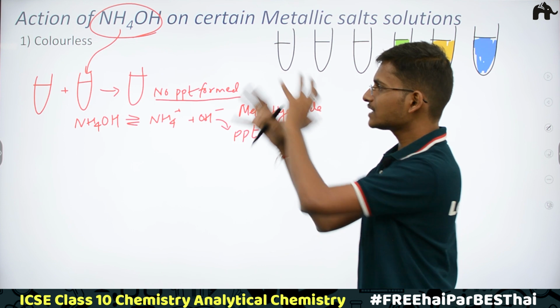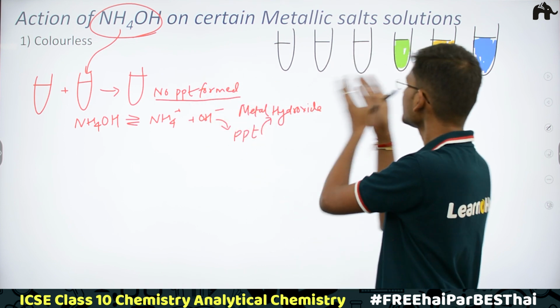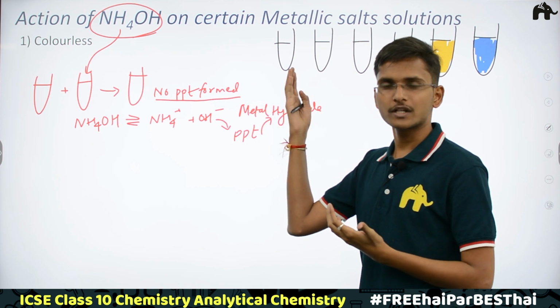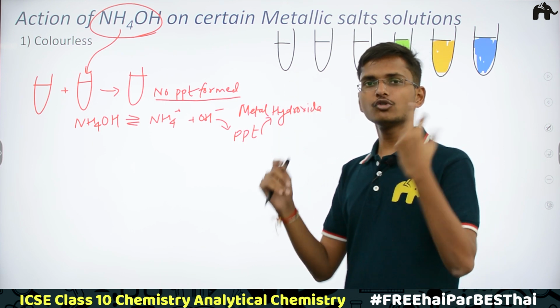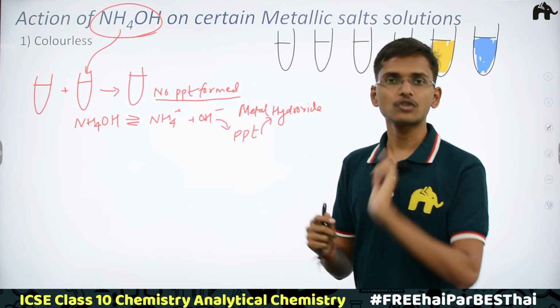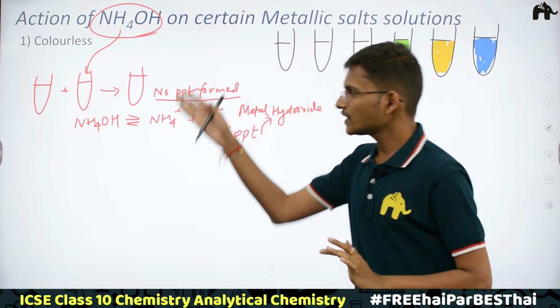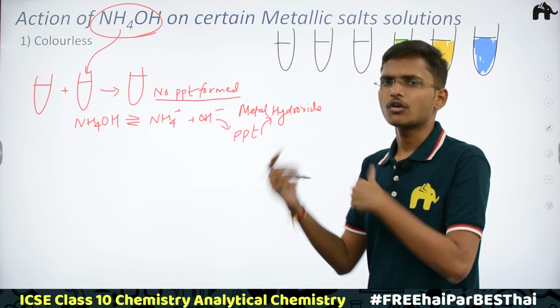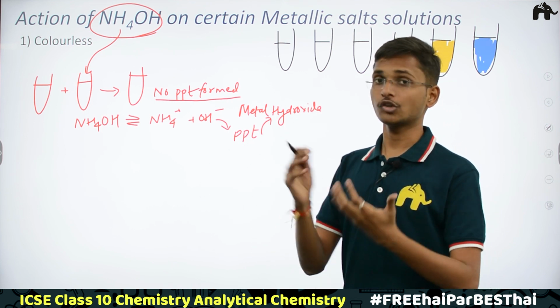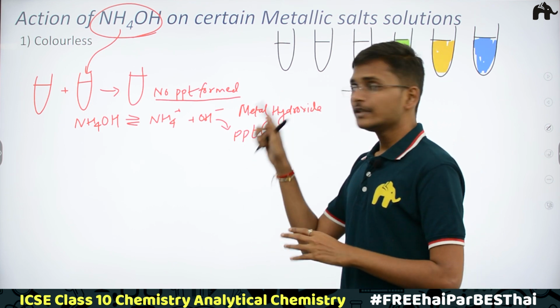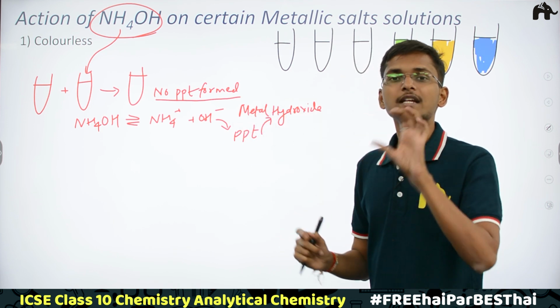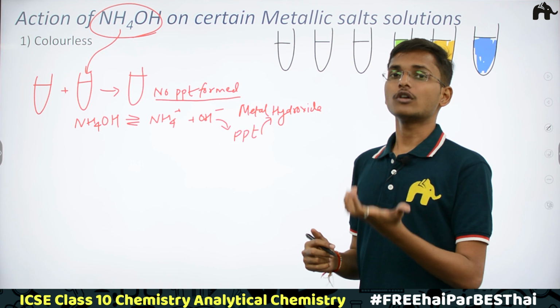Now, when such a thing is happening, out of these 6 metallic salt solutions, we know one is of calcium, another is of zinc, the third is of lead, 2 are of iron, and 1 is of copper. But when such a thing is happening, we have to remember that this happens in the case of calcium 2+ salt solutions.